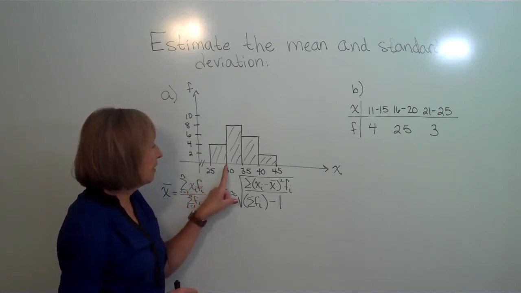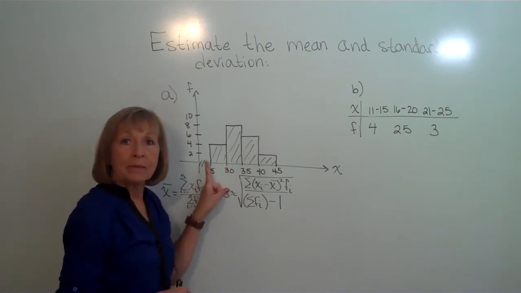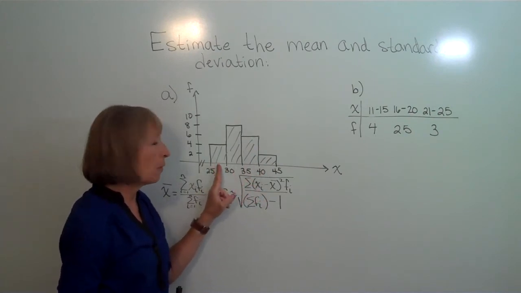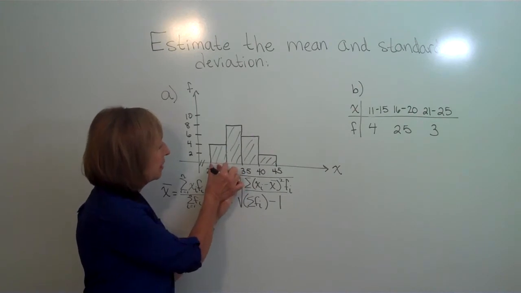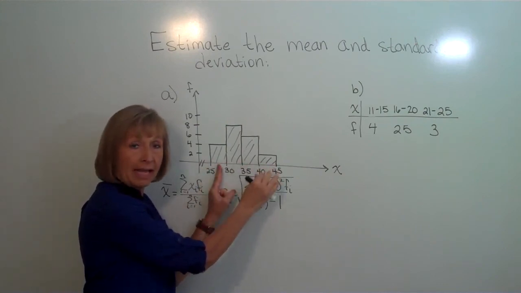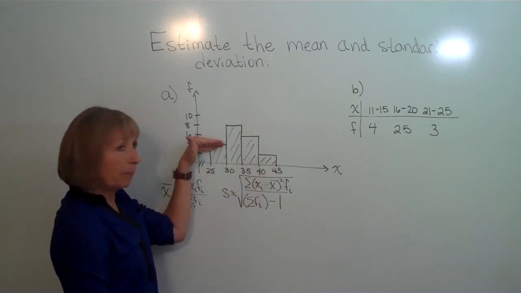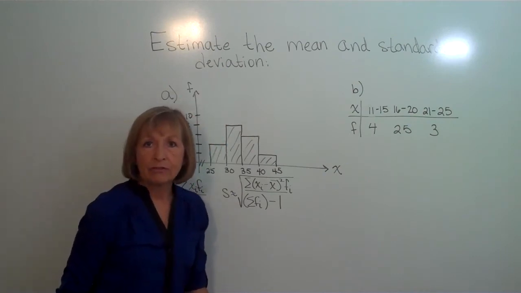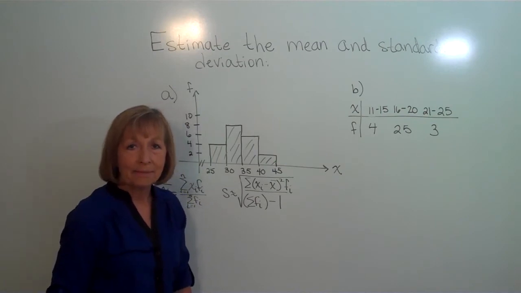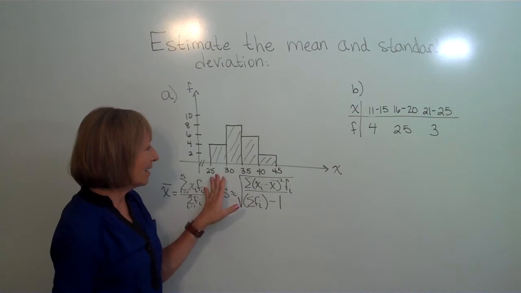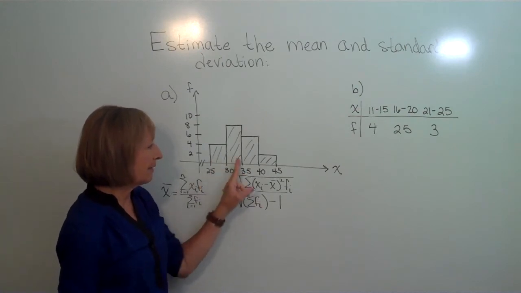Then we put either the class boundaries along the horizontal axis, or if it was marked midway between the start and the end of a bar, that would be our class midpoint. And the height of our bars was the frequency of the times that we saw data values fall in those classes.